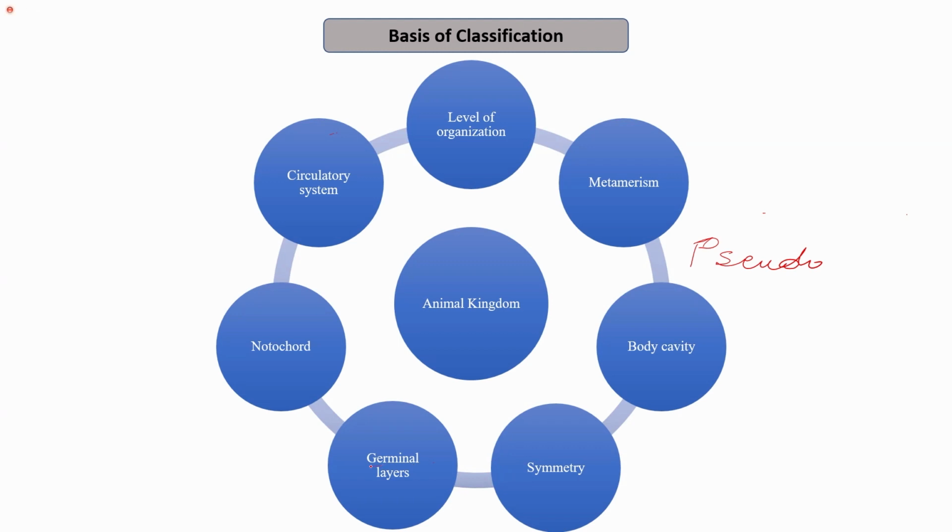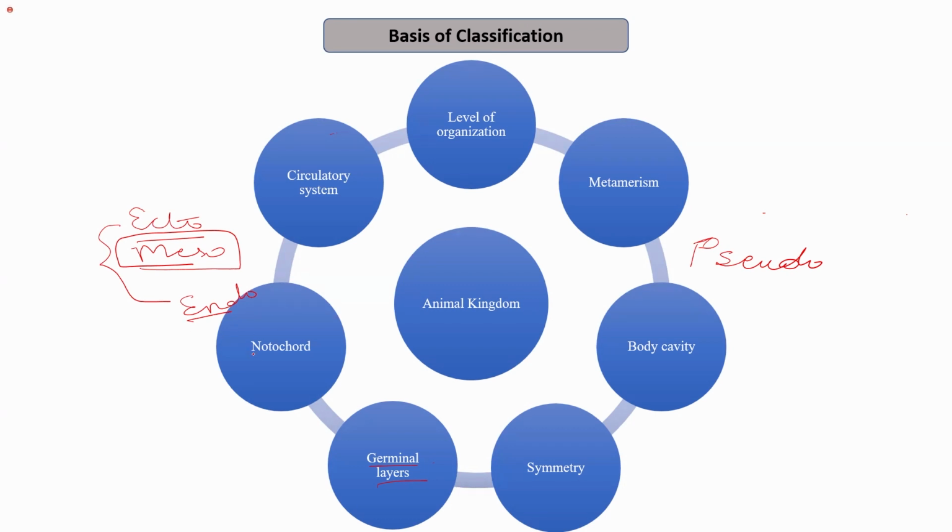Similarly, on the basis of germinal layers, there were 3 germinal layers, right? One was the ectoderm, the outer one, then the inner one, the mesoderm, and the third one was the endoderm. In some phyla, all 3 germinal layers are present, like ecto, meso, and endo, while in some only ecto and endo are present.